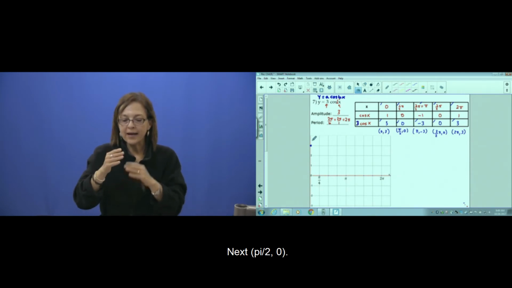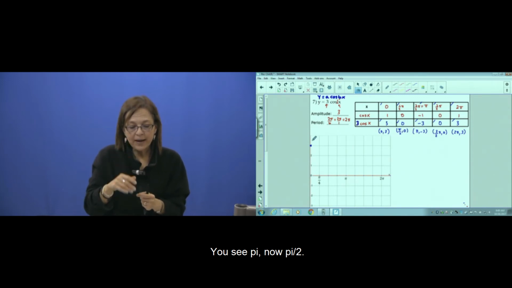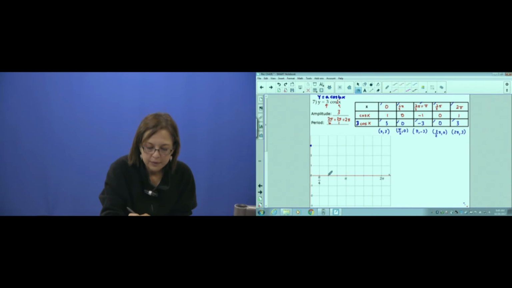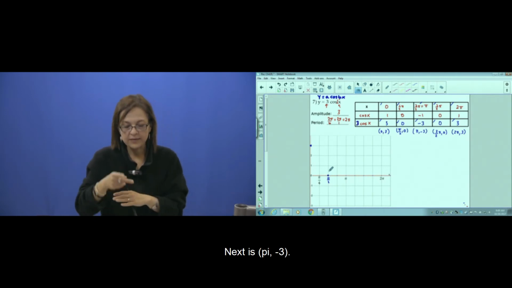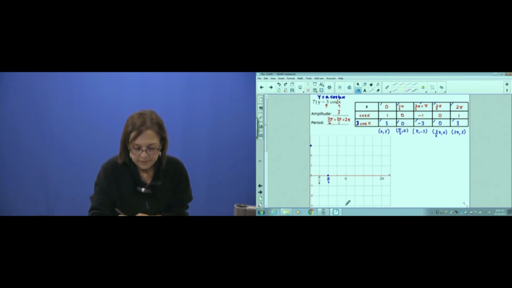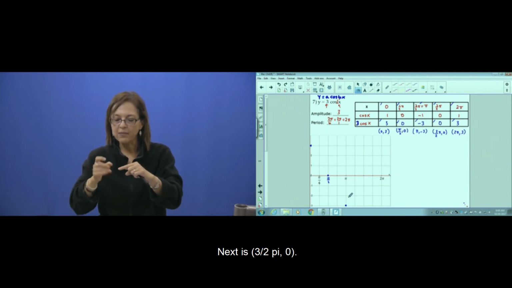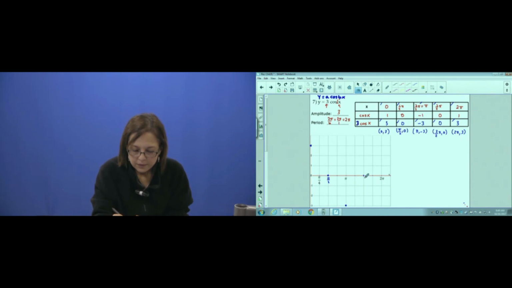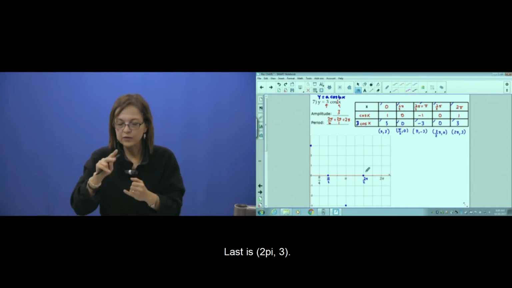The next, pi over 2, comma 0. You see pi and then find pi over 2, and the value is 0. The next, pi, comma, negative 3. The next, 3 halves of pi, comma, 0. And the last, 2 pi, comma, 3.